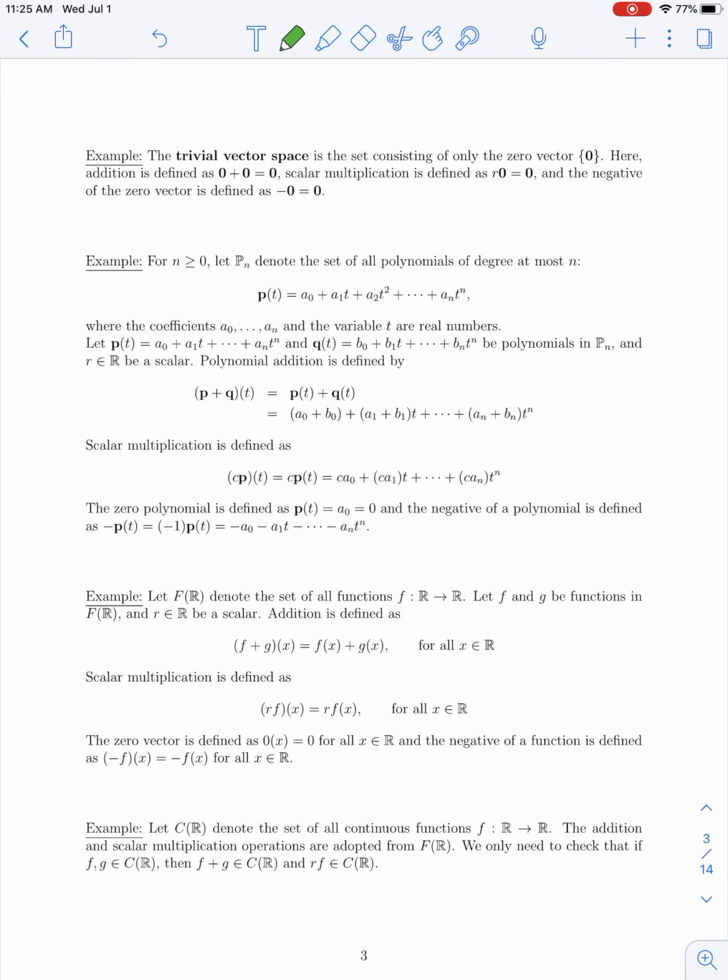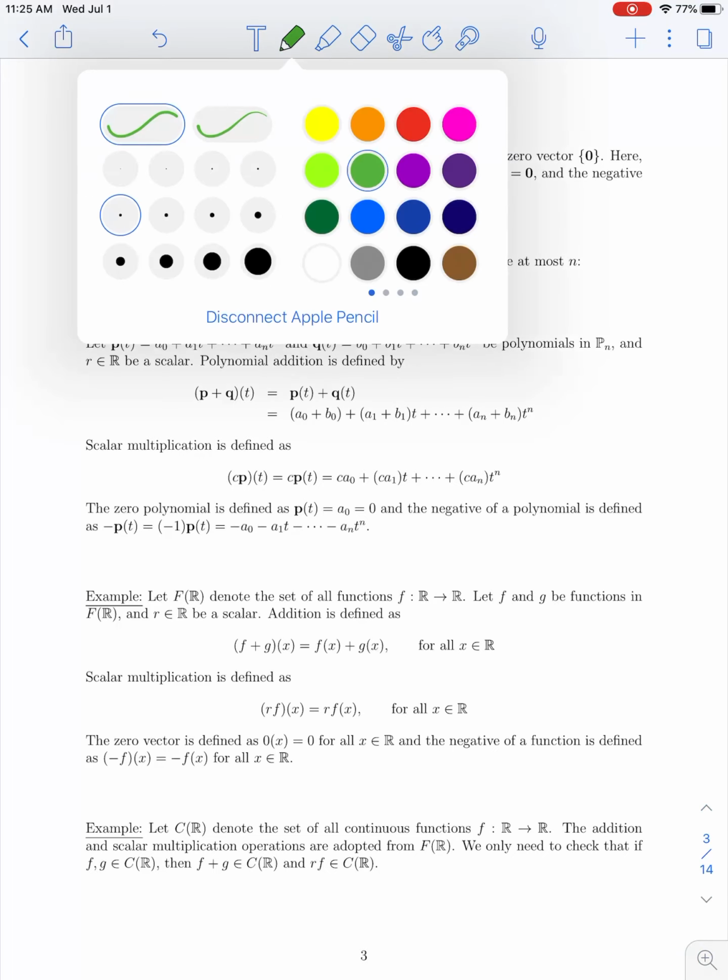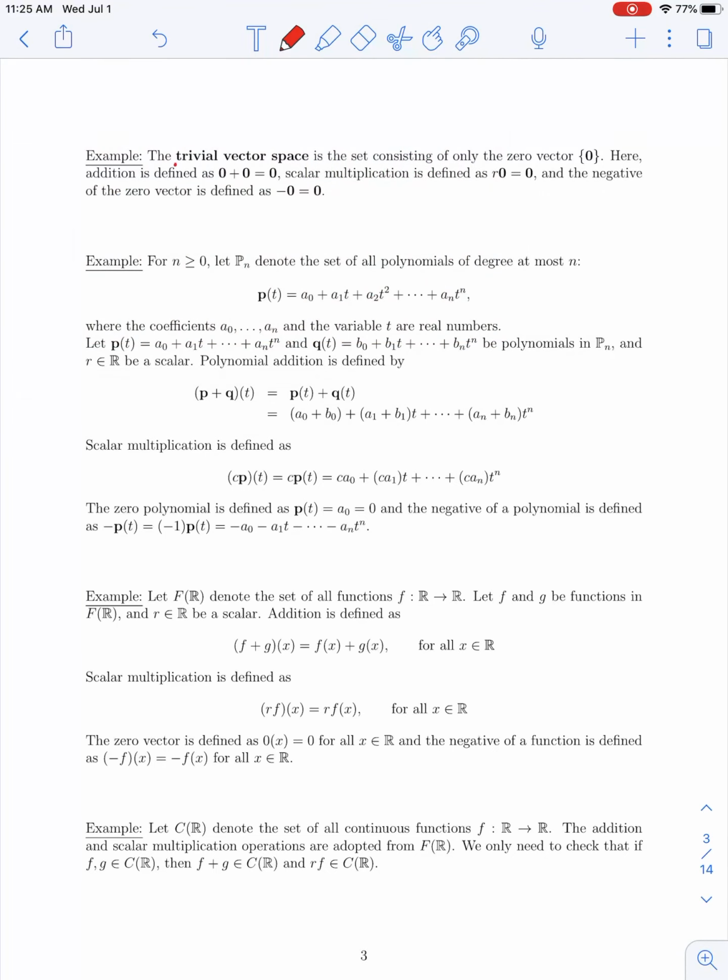So some other examples which are maybe a little more interesting or a little more complex would be the so-called trivial vector space, which is the set which consists of only the zero vector.